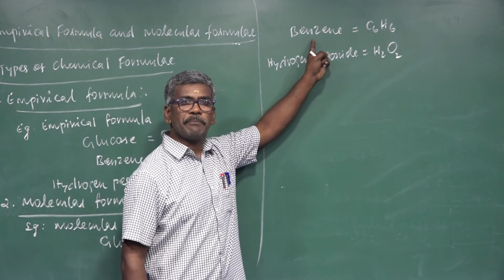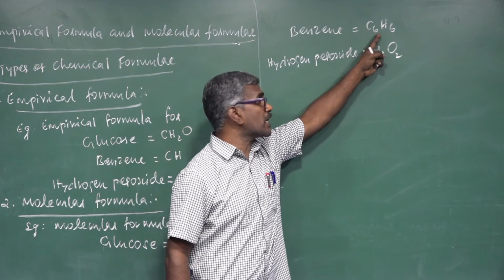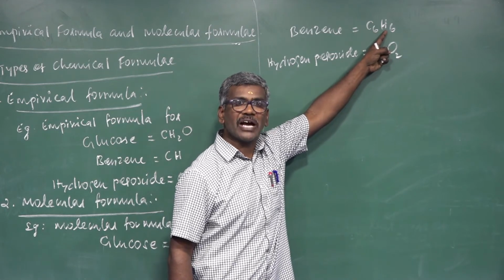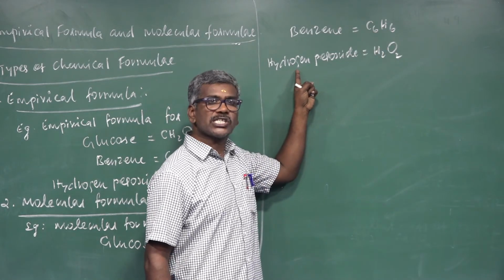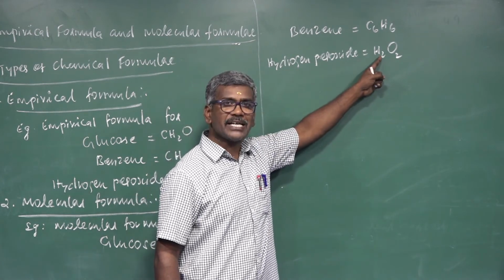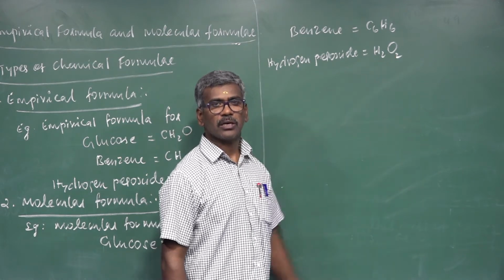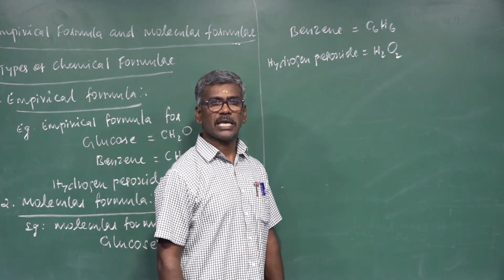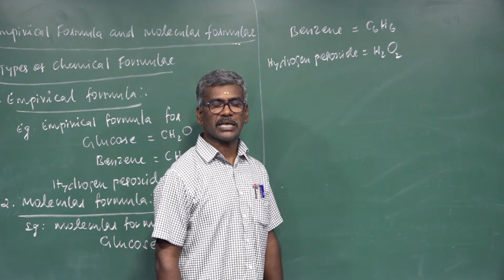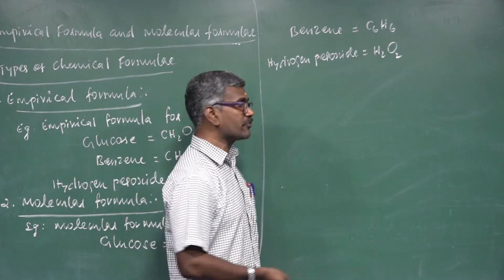One molecule of benzene contains 6 atoms of carbon and 6 atoms of hydrogen. One molecule of hydrogen peroxide contains 2 atoms of hydrogen and 2 atoms of oxygen. Next, we have to calculate empirical formula and molecular formula, that is, the relationship between empirical formula and molecular formula.